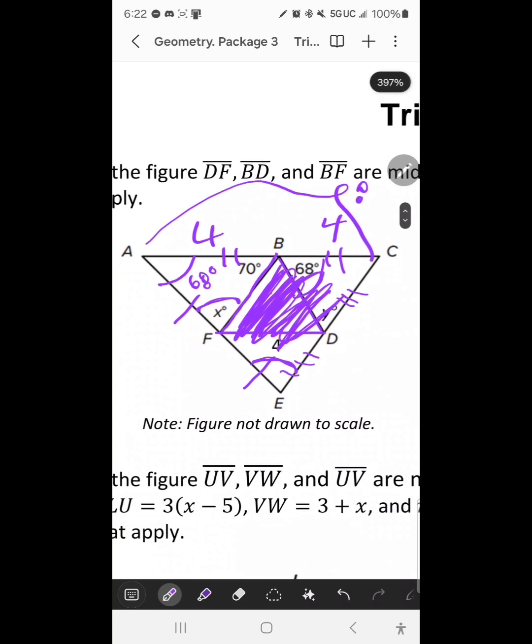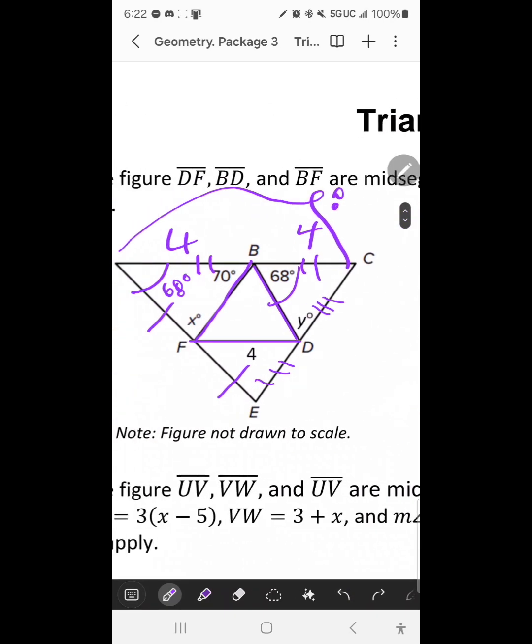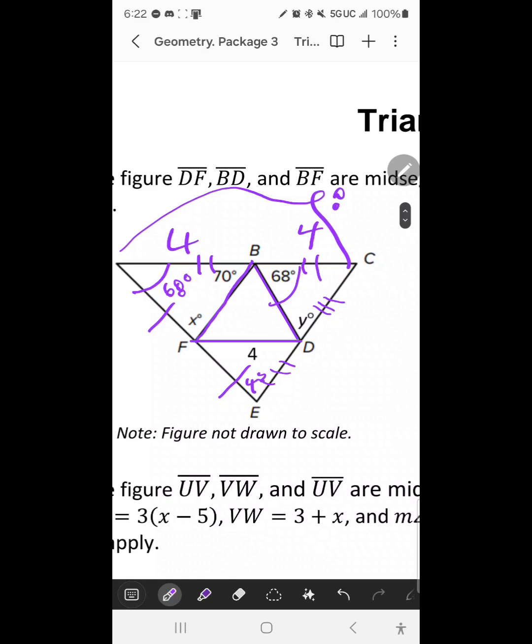Because they are congruent triangles, this little triangle and the big triangle, and this side is equivalent to this side, this one is going to be x, and x was 42, so this one is going to be 42.